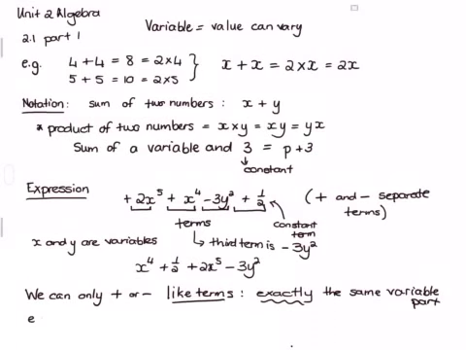So, for example, if I had 1/3 x squared yz, and I had minus 2yzx squared, and I had 0.6 zx squared y. They are all like terms. They all have an x squared, a single y, and a single z.